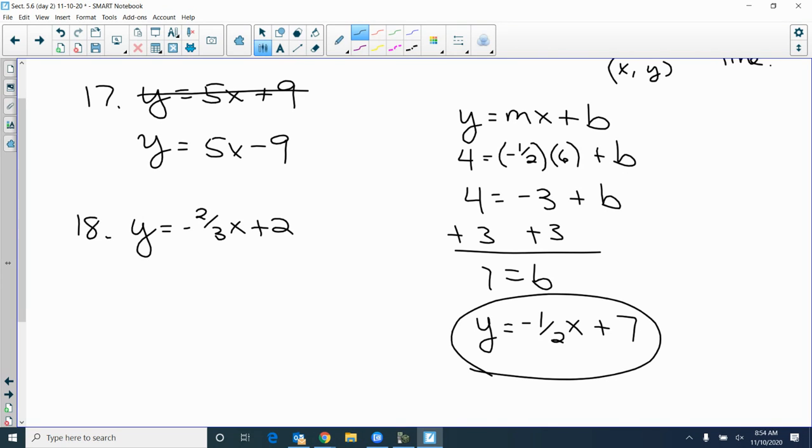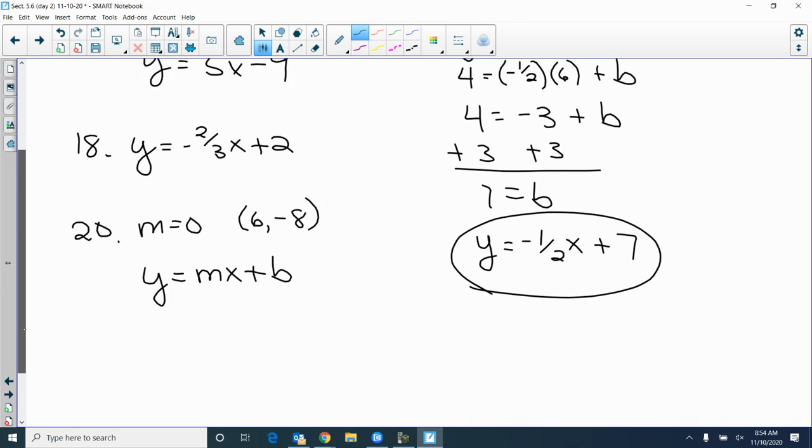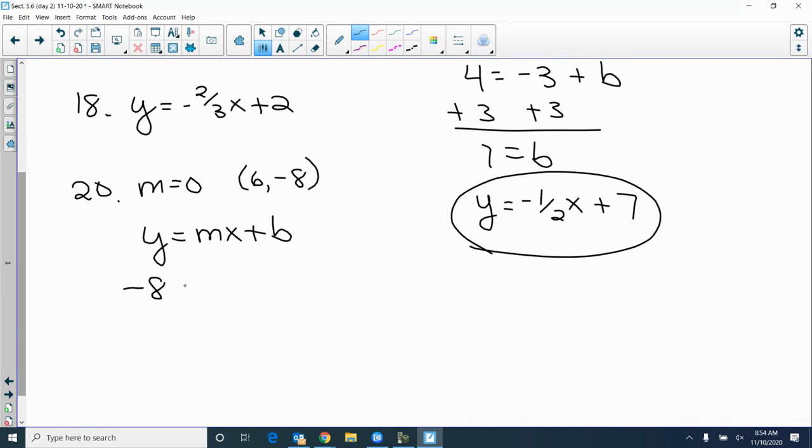Okay, one little thing there. Because that slope is 0, this is a little bit different. It would not actually be x. I'll show you. Slope is 0. What's the other point? 6, -8? Yeah. So when we do this, y equals mx plus b. -8 equals 0 times 6 plus b. Well, what's 0 times 6? 0. So we get -8 equals 0 plus b.